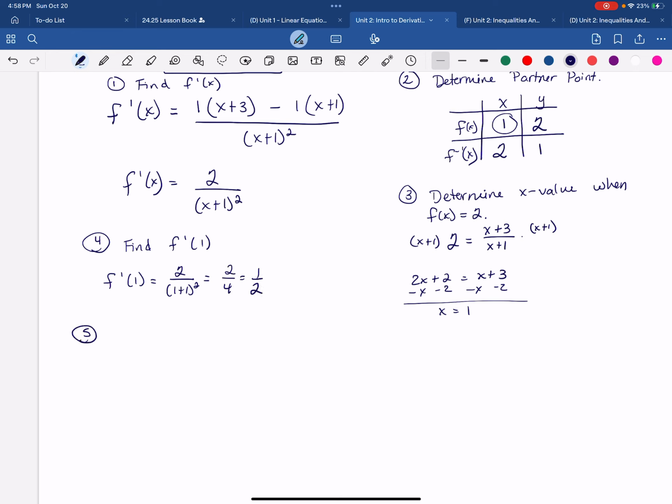And now I can use that rule that we had above to determine the derivative of the inverse function. So the derivative of that inverse at 2 is going to be equal to the reciprocal of f prime at 1. So it's going to be 1 over 1/2, which just equals 2.